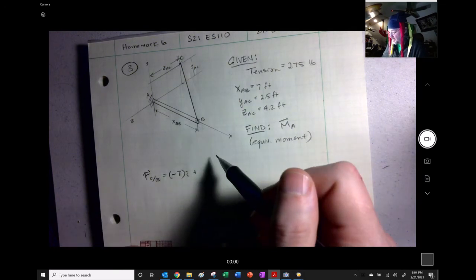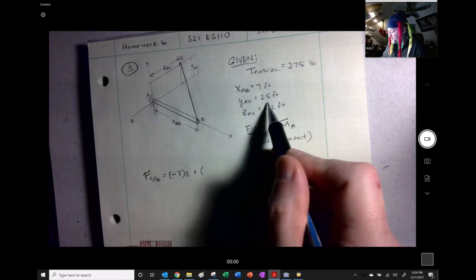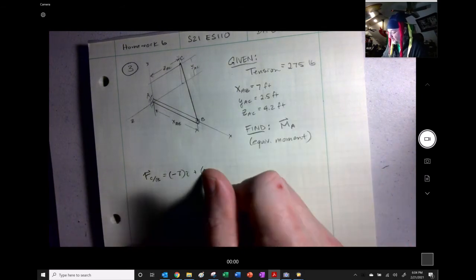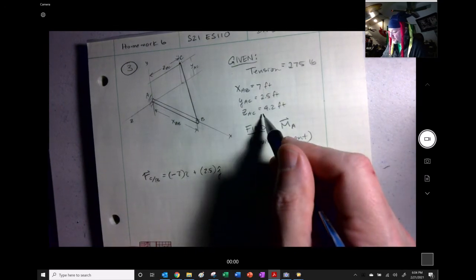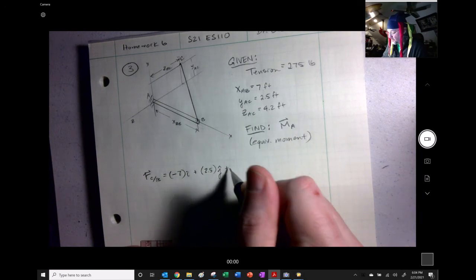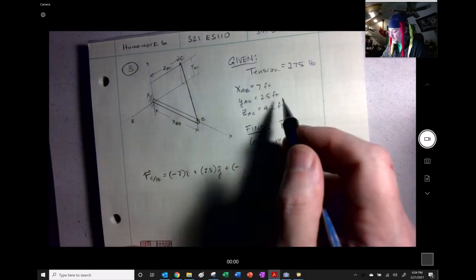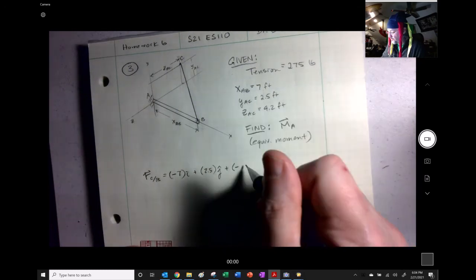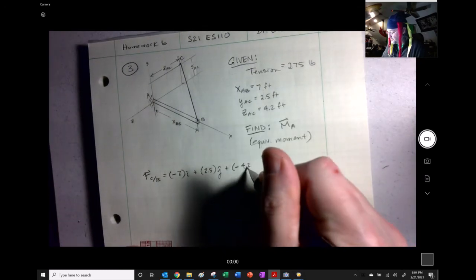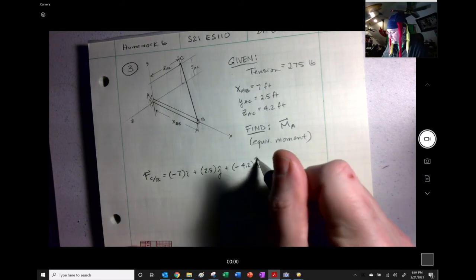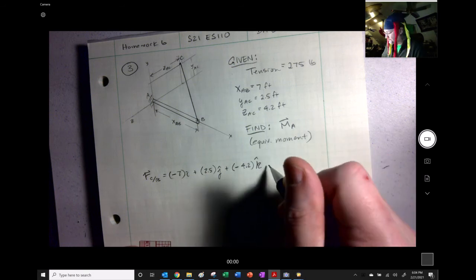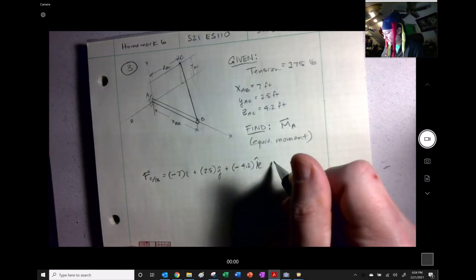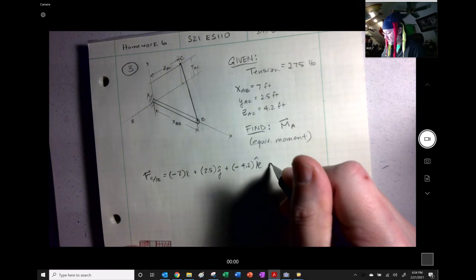In the y direction, that's going upwards, so that's plus, up 2.5 feet, j. And then in the z direction, it's going to go a negative 4.2 feet. I don't even know if this problem's going to work out well, by the way. We'll see. So anyway, these are feet.